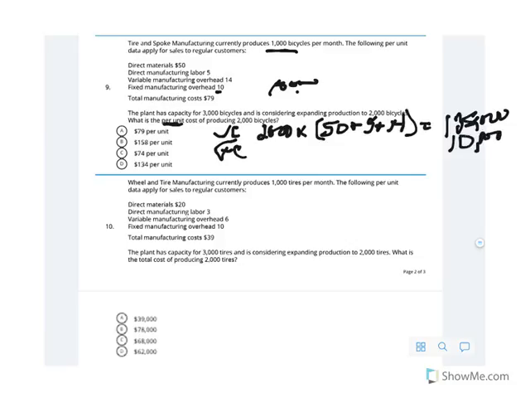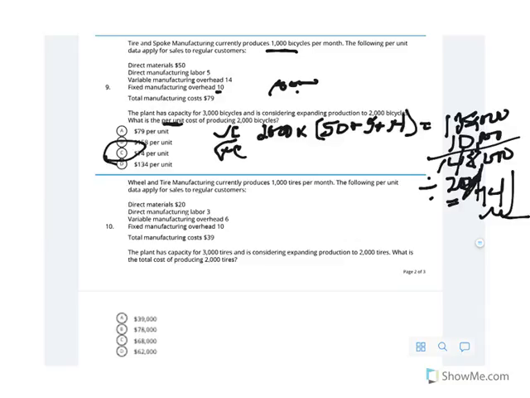When you are given fixed costs on a unit basis, always convert it to total cost. So therefore, you have 148,000 total manufacturing costs, and they want to know per unit, so you divide by 2,000, and your answer is $74 per unit. So your answer over here is C.